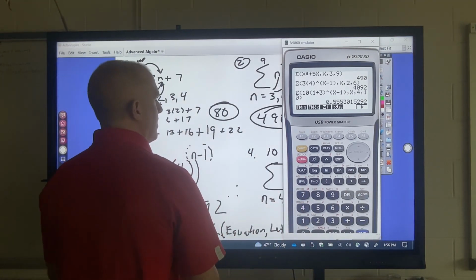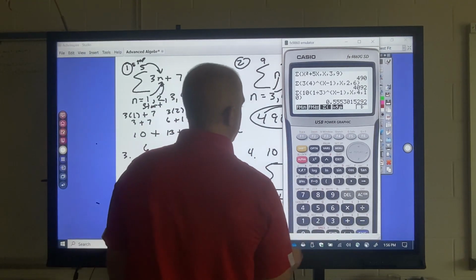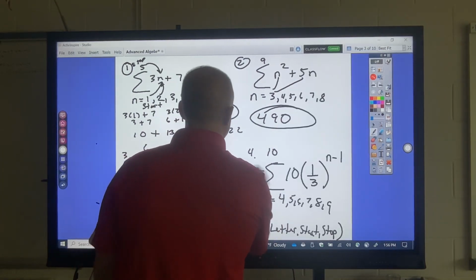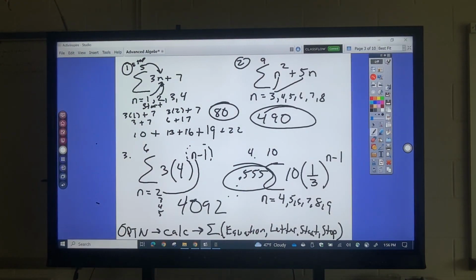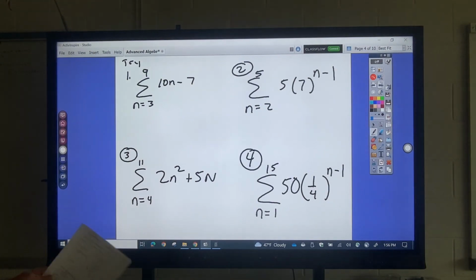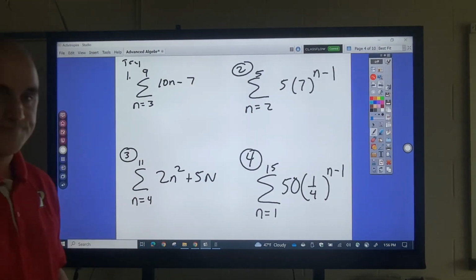And as soon as it's a fraction, it's going to be 0.555. And that's the answer for that question. You guys can go ahead and start with those.